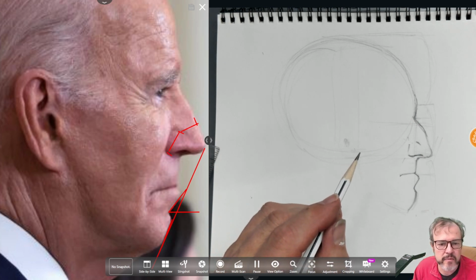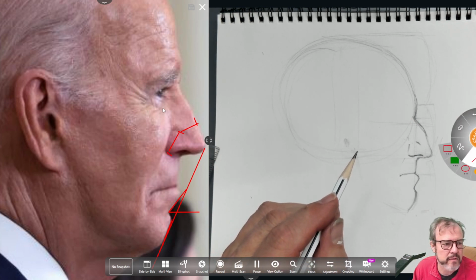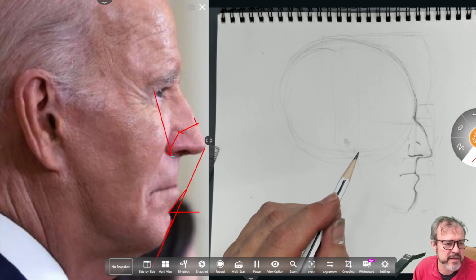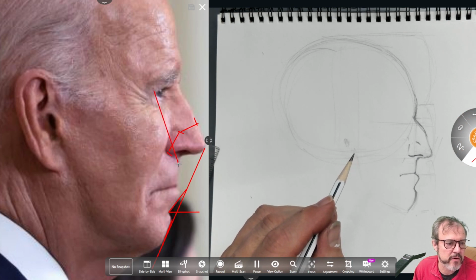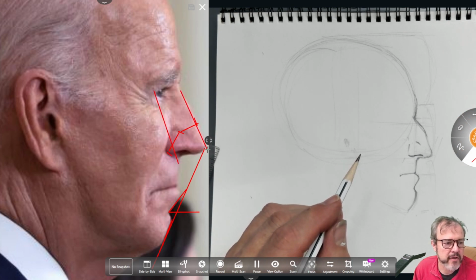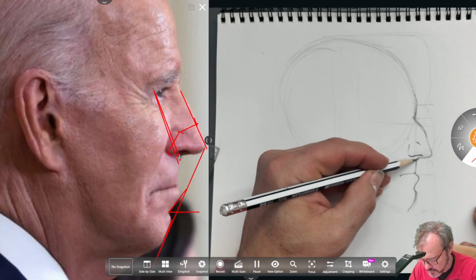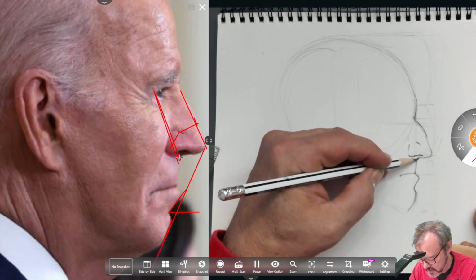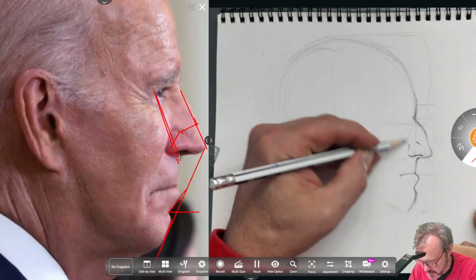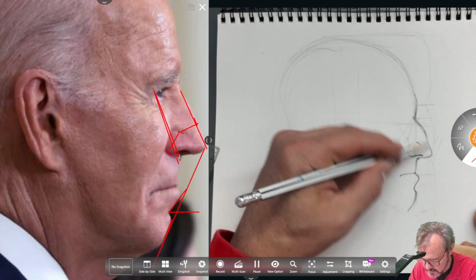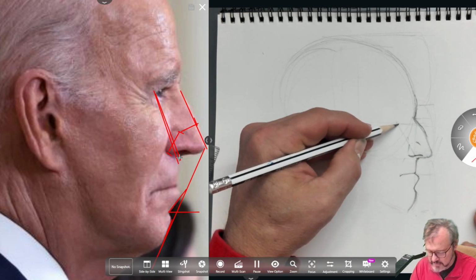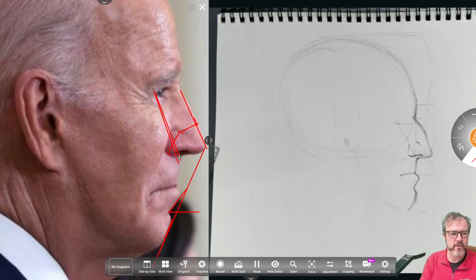Lately, the way I've been teaching this is I've been looking for a parallel construction on Biden. If we go right from this plane change here and we run roughly parallel to the line of the nose, that's going to help us find where that back corner of the eye belongs.